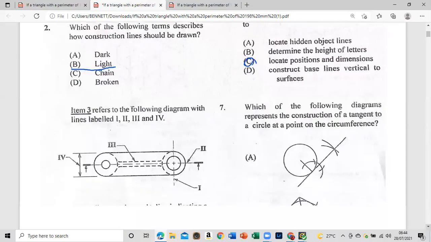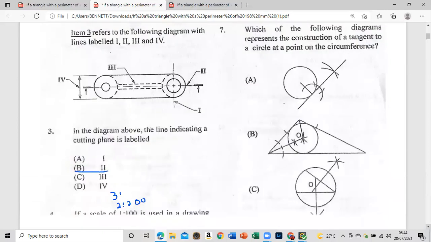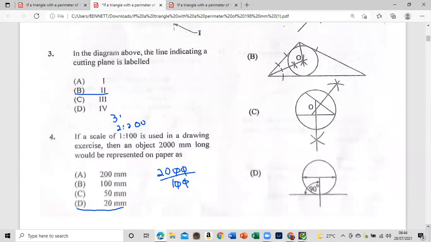Number 7. Which of the following diagrams represents the construction of a tangent to a circle at a point on the circumference? And we know that a tangent is a single line touching the circumference of the circle. We know that from mathematics, right? So let's look at them. No tangent here.